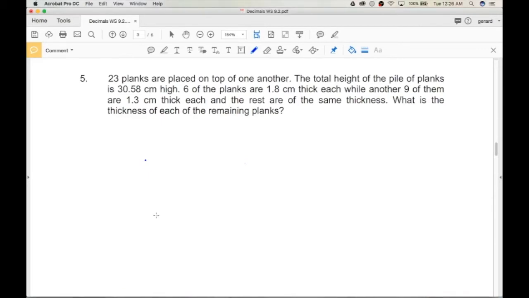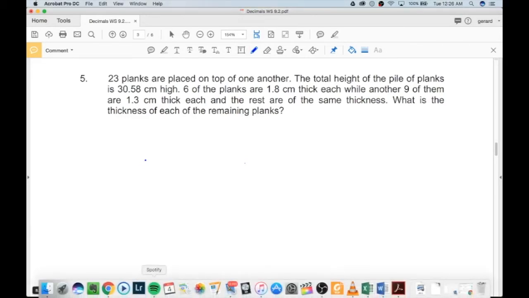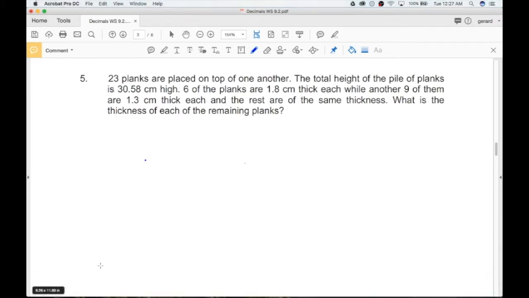Okay, so now here the problem tells you that there are 23 planks, and tells you how thick 6 of them are, how thick 9 of them are, and the rest. So one of the things that we should always find first is how many planks are left. I think it's quite straightforward. You have 23 planks at first, you minus off 6, you minus off 9.